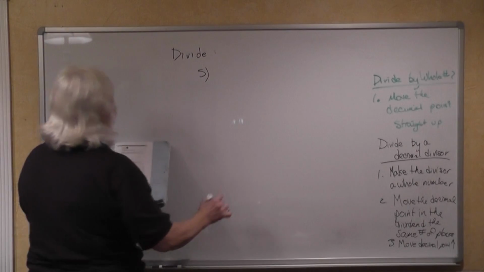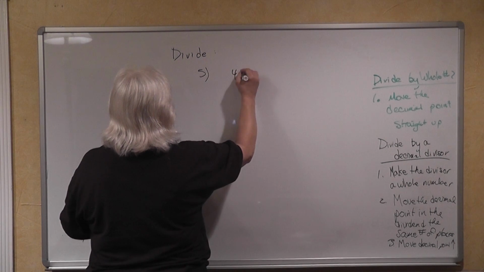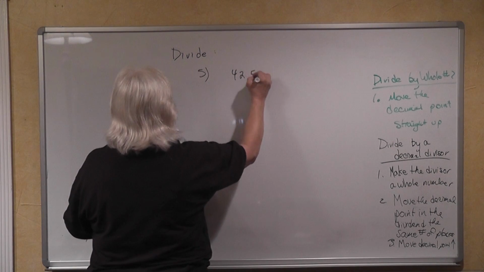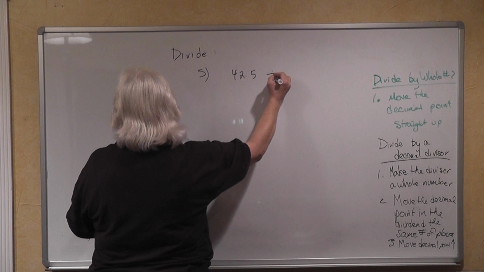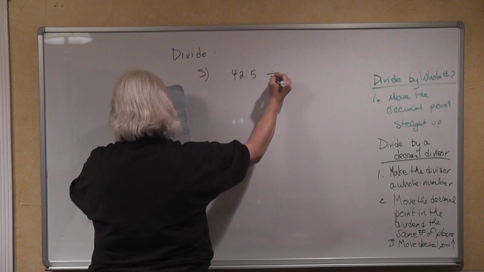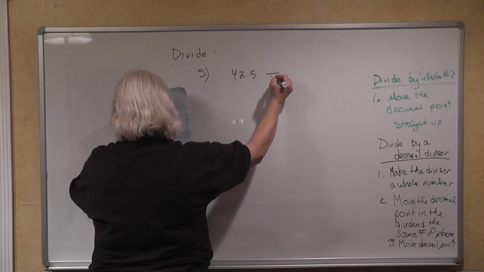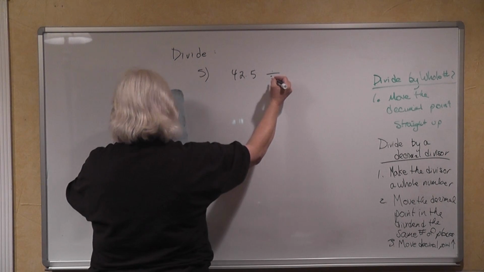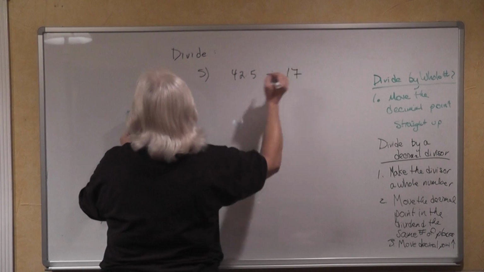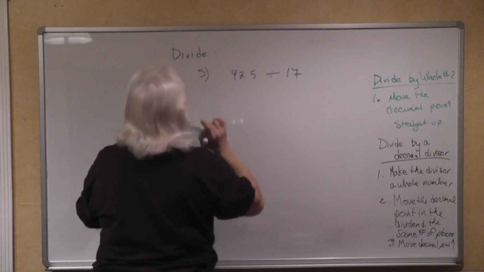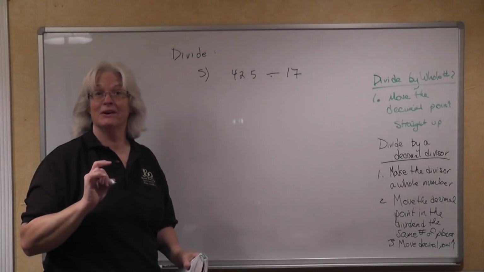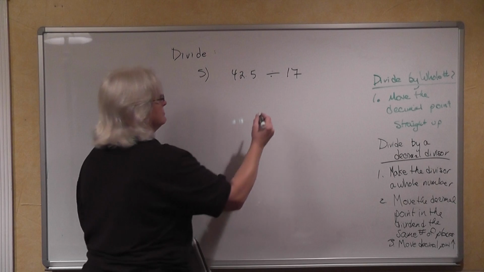Problem number 5, 42.5 divided by 17. This one looks really hard, doesn't it? Not a bit.